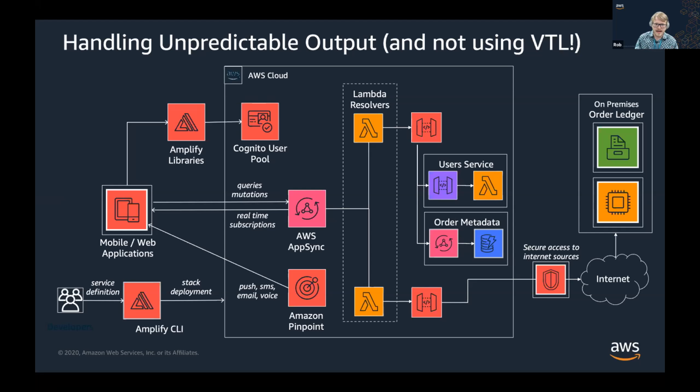But the interesting thing is AppSync has recently released direct Lambda resolvers. So these direct Lambda resolvers actually allow you to bake business logic into that request and return process. So as part of the request, you can start looking at how you can actually shape that return.